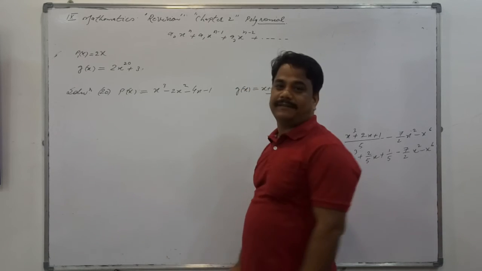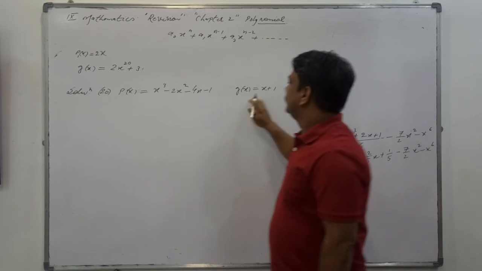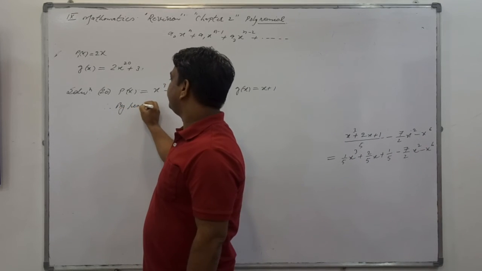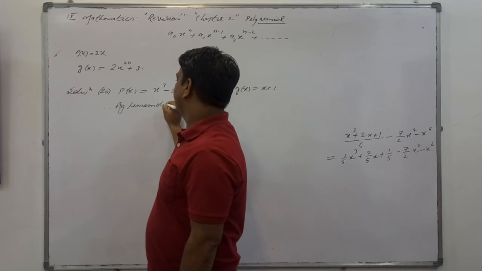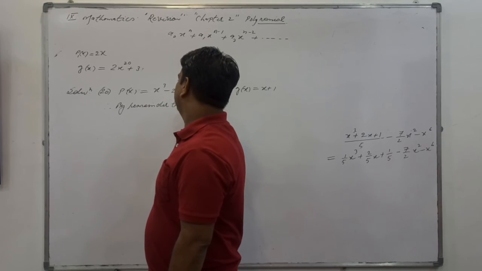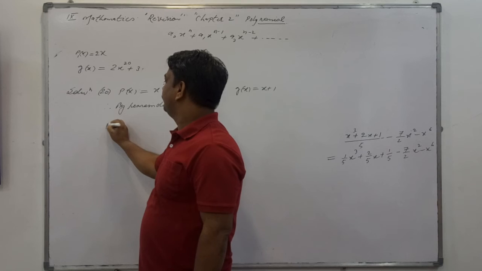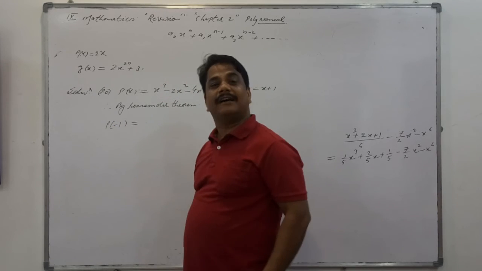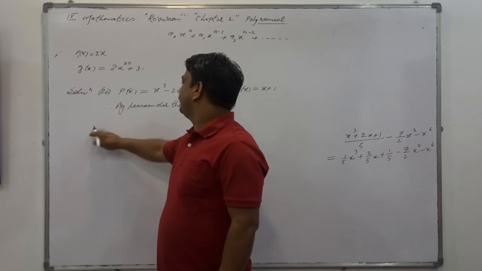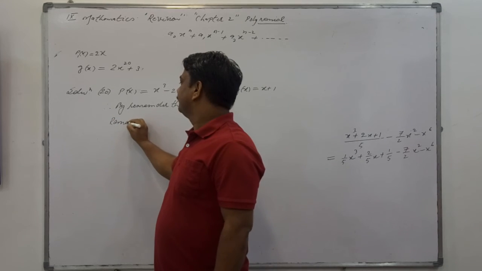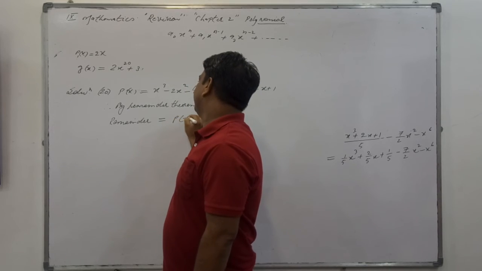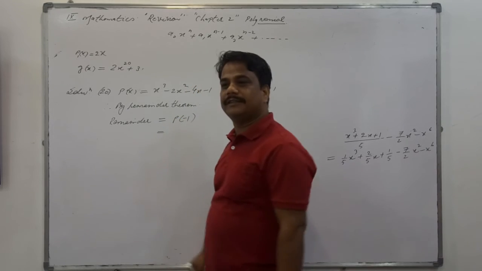So in place of x, what do you have to put? Minus 1. So therefore, by remainder theorem, P of minus 1 we have to find out. P of minus 1 is the remainder. By remainder theorem, minus 1 cube minus 2 times minus 1 square minus 4 times minus 1 minus 1. The remainder is equal to P of minus 1. Can you go through this?